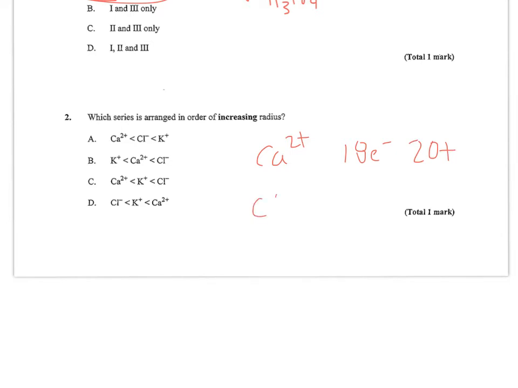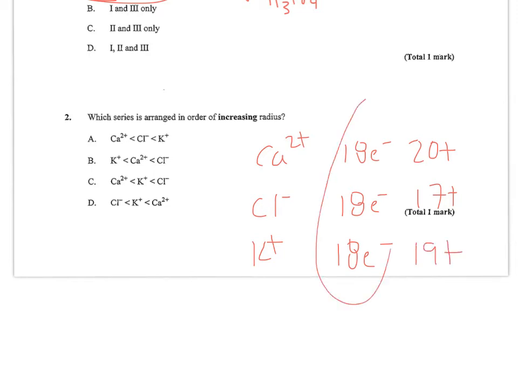Whereas Cl- also has 18 electrons, but it has a 17+ nucleus, whereas K+ has 18 electrons, and it has a 19+ nucleus. So you've got the same number of electrons, so the same configuration being held with a +20, +17, and +19 nucleus.